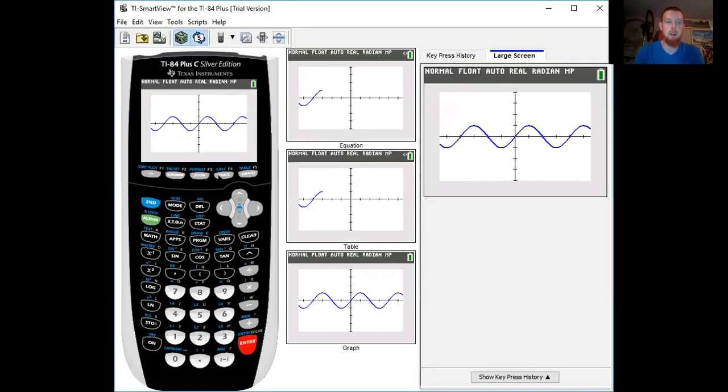But before we do that, let's just think back to what we said our table had for us. Okay, when the angle is 0, the sine value is 0. Okay, that's what it's showing me right there. Let's see, the highest possible y value I can get is 1.